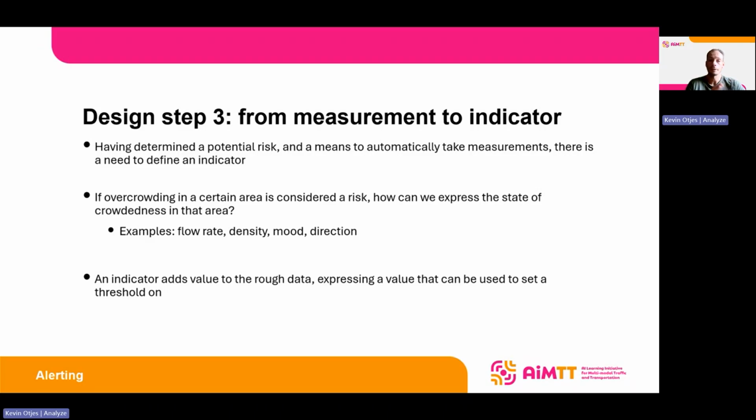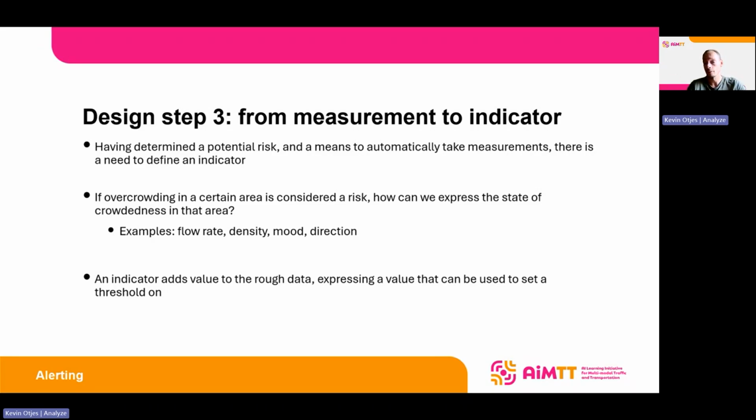So having a potential risk and being able to have data, there's still a need to make an indicator. For example, again with the crowdedness, how could we express the state of crowdedness in an area? Well, at that point we have indicators like a flow rate, a density, a mood, a direction, things like that would be.